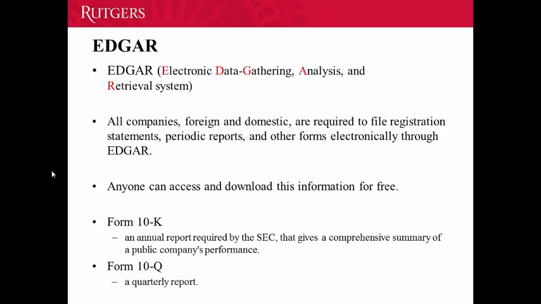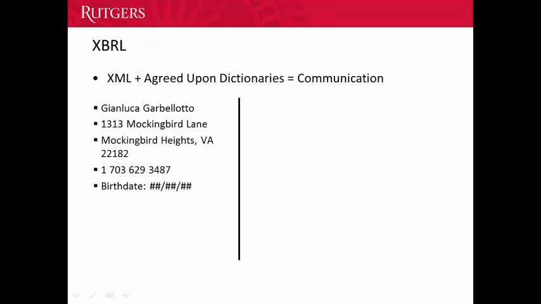Form 10-Q is a quarterly report. XBRL is XML based and uses XML syntax and related XML technologies. It's a standard-based way to communicate and exchange business information between business systems.